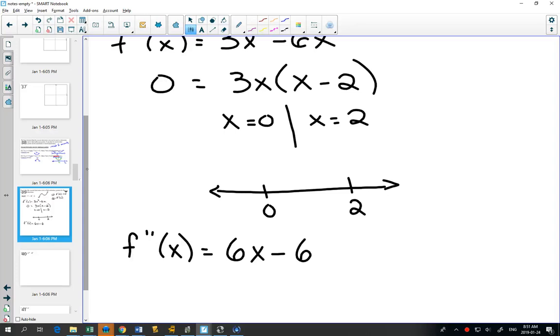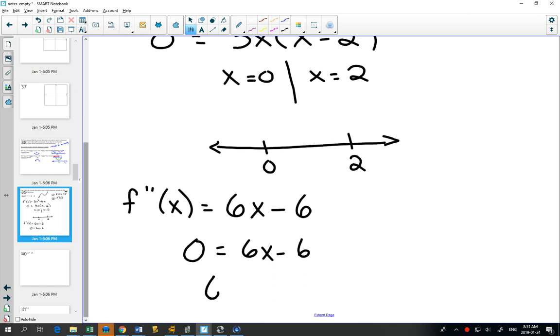Okay? So I'm going to do what you would normally do in a situation like this. Set that second derivative equal to 0, move the 6 over, and label where your second derivative is equal to 0.